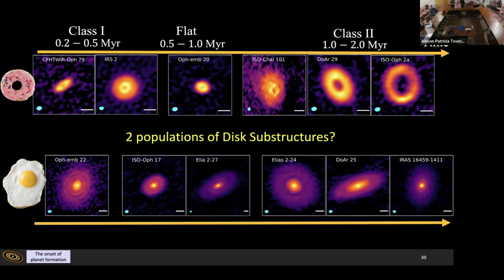Will that change the structures of the disk or not much? I start to see people talking about these streamers falling onto the disk. Once you've already formed some substructures, and then you have a streamer of gas falling onto the disk, will that change the appearance of the disk or not? I just wonder if there are any models.